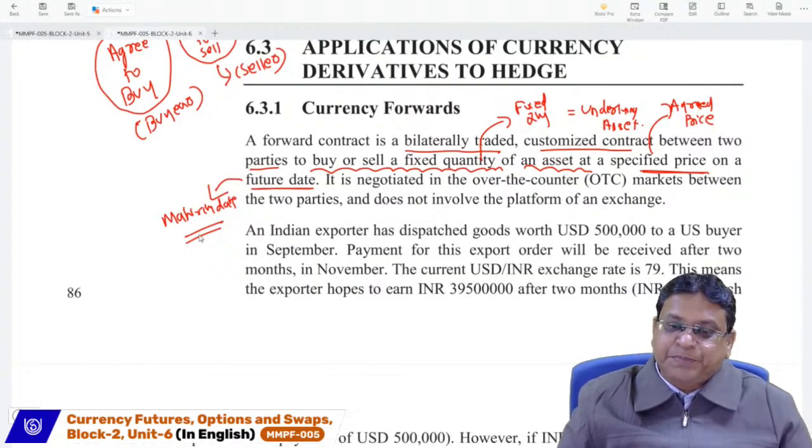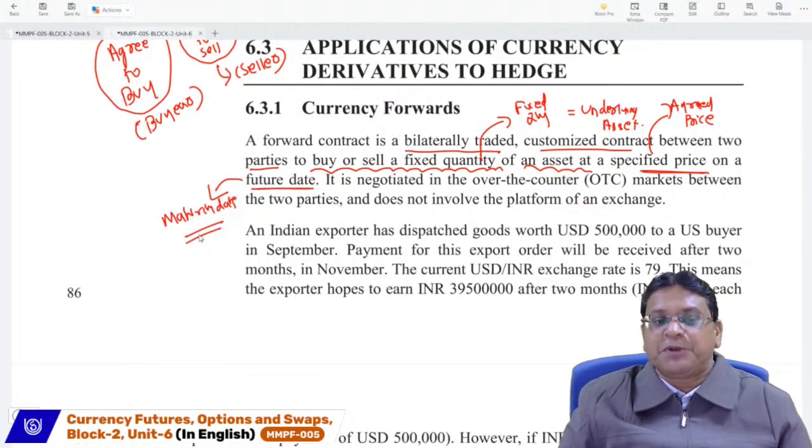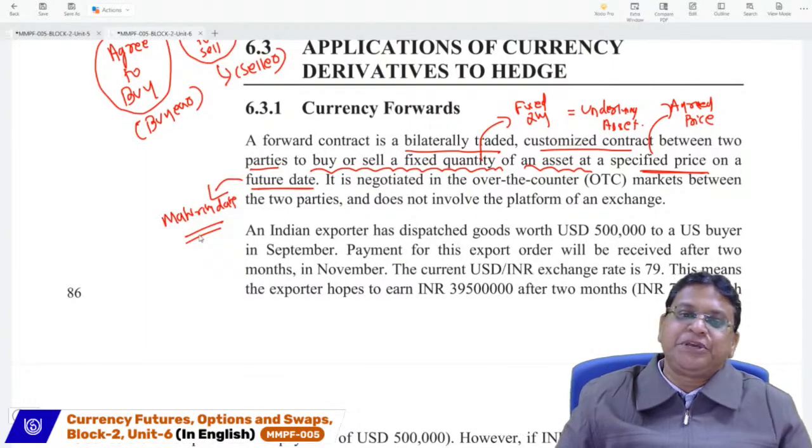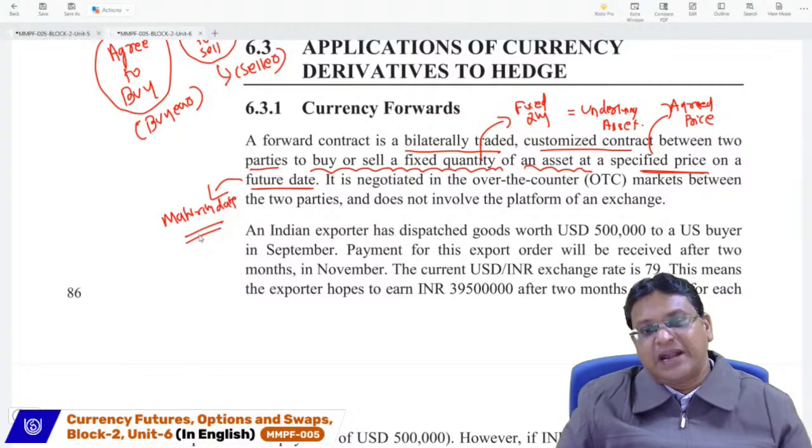So we prefix today the buying price or selling price for a future date. That is known as forward contract. A forward contract is such a contract where each term and condition is made today, but the payment and delivery will be made on a future date.